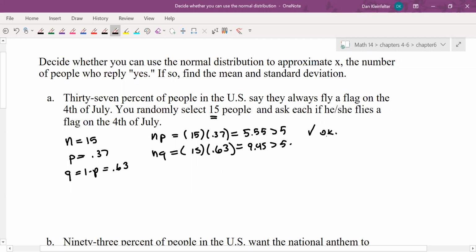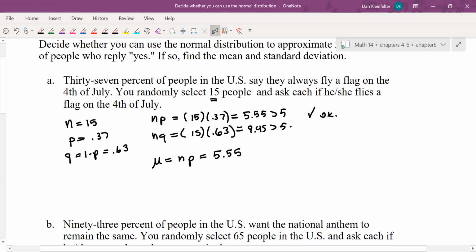For the second part of the question, we're to find the mean and standard deviation. Fortunately, the mean you've already done. It's np, and so that will be 5.55. Then the standard deviation is the square root of npq, so that will be 15 times 0.37 times 0.63.